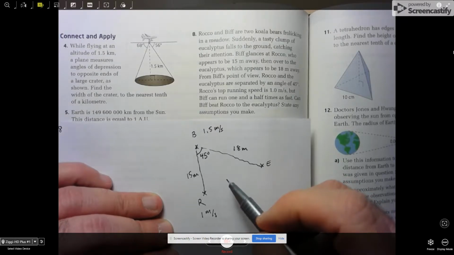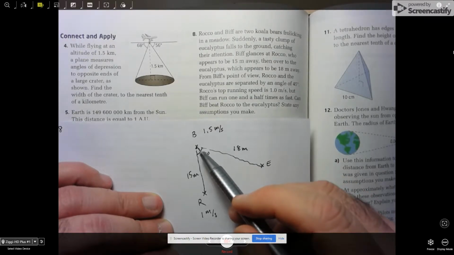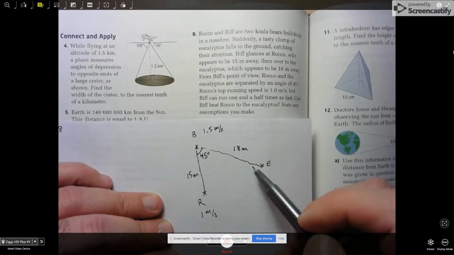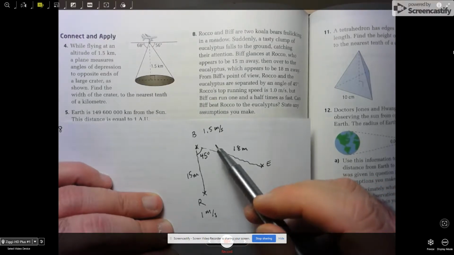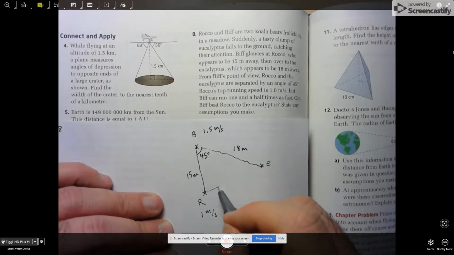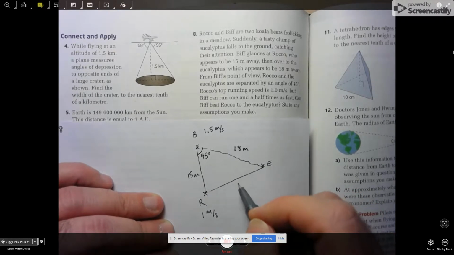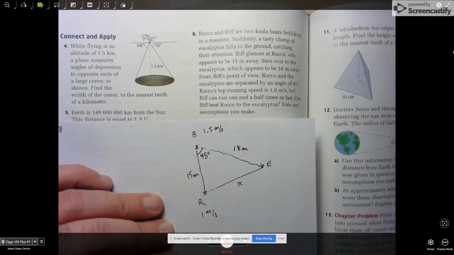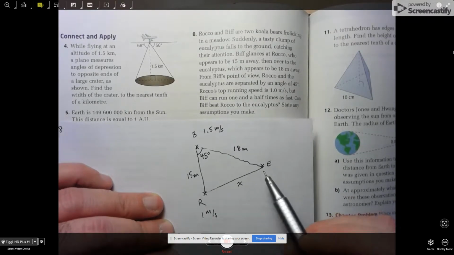So we can already calculate Biff's time because we have the distance and we have the speed. For Rocco, though, we have the speed, but we don't have the distance. So the first thing we're going to have to determine, which I don't think is too surprising, is the distance between Rocco and the piece of eucalyptus.